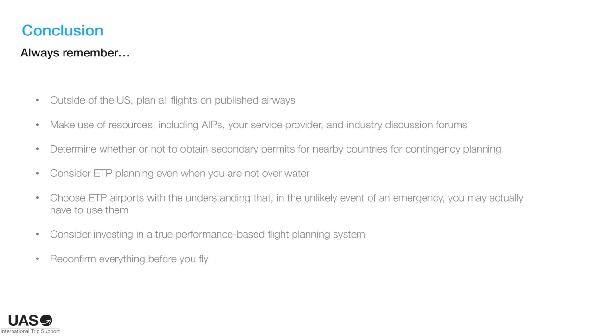Or consider ETP planning even when you're not over the water. More importantly, choose ETP and alternate airports with the understanding that in the unlikely event of an emergency, you may actually have to use them. You should consider investing in a true performance-based flight planning system. And most importantly, confirm and reconfirm everything before you fly.